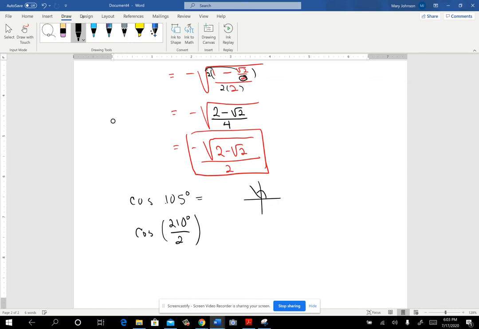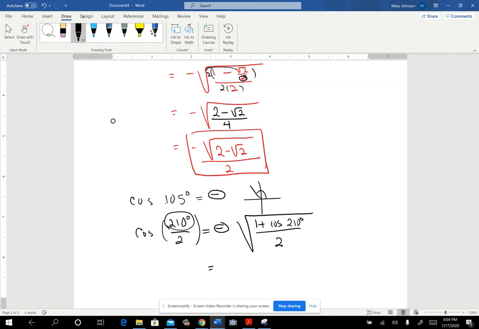So you know this is going to be negative. So that determines that. Outside the square root symbol, you know it's negative. Okay. Then underneath there, I'm going to have 1 plus the cosine, and alpha in the formula is whatever was on top. So that's the 210 degrees. And that's going to all be divided by 2.